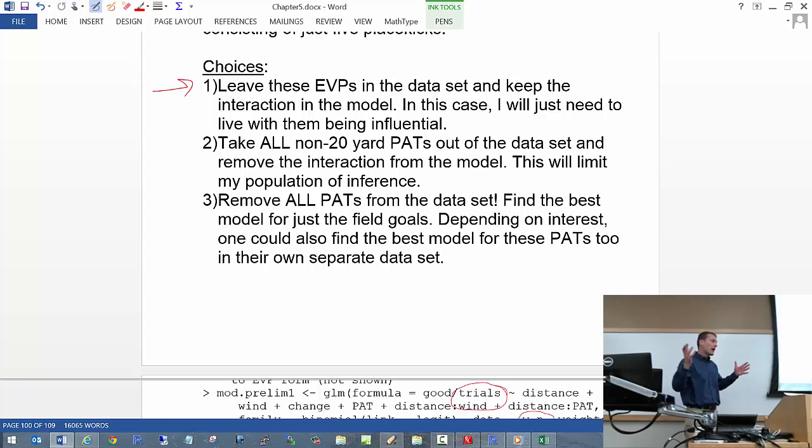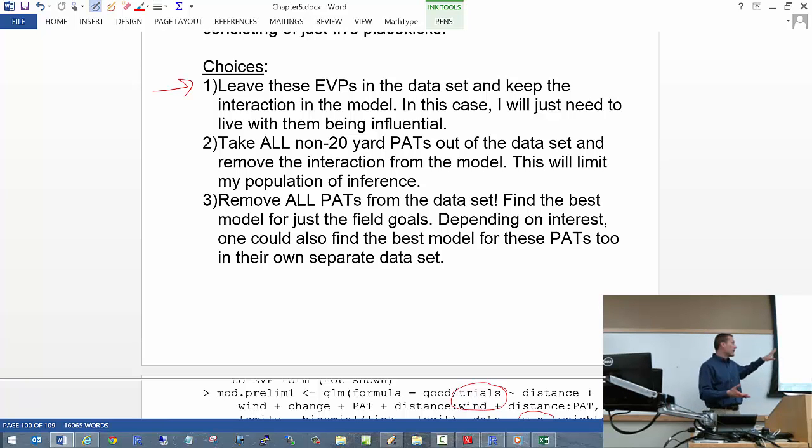If I was estimating this model for a paper, I should say that 119 and 120 are influential to the model's fit, specifically with respect to the interaction. What happens if I remove that interaction? Then they're poorly fit by the model.